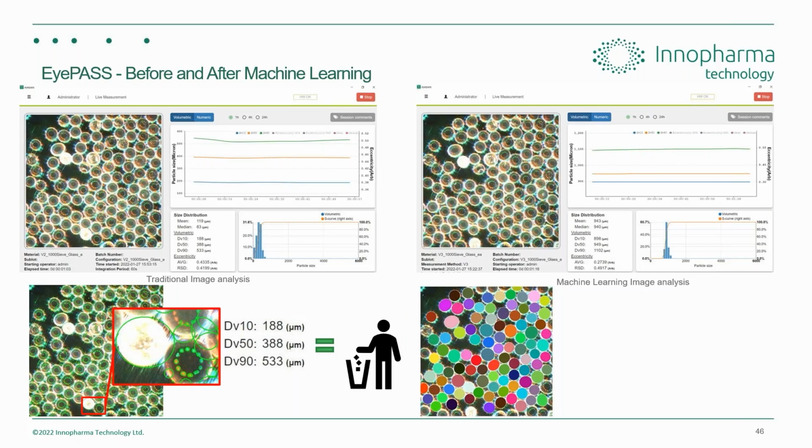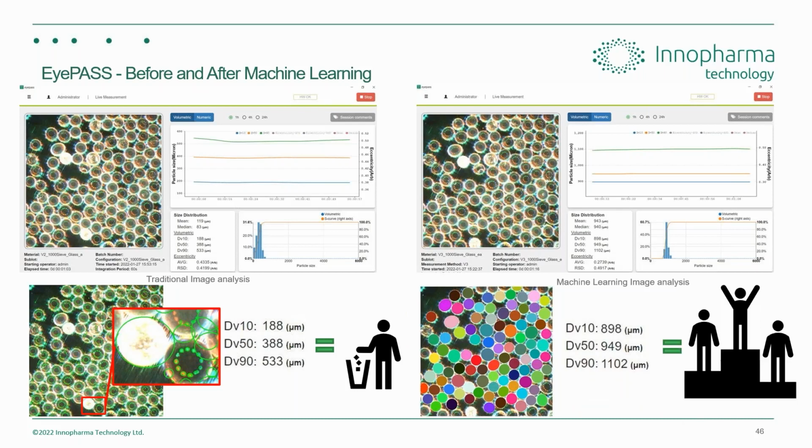And what you get reported back then, on the bottom right, are these masked images of all these different colors with the correct edge detection, essentially, for each of these glass beads. So what gets reported back then is these D10, D50, D90 values, and that's a winner. Essentially saying that machine learning can do a better job of, after being told and trained what is the feature of interest, extracting that data versus traditional image analysis methods.